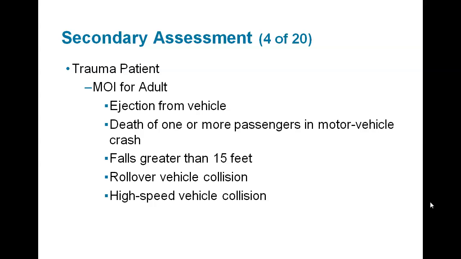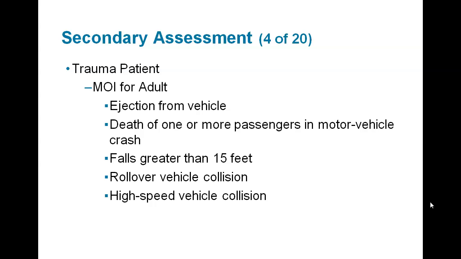So significant mechanism of injury, this means that they have a high probability of a life-threatening injury. For adults, MOIs that are considered significant would be an ejection from a vehicle. So like the patient wasn't wearing their seatbelt and they were ejected from the vehicle. Death of one or more passengers in the motor vehicle crash.